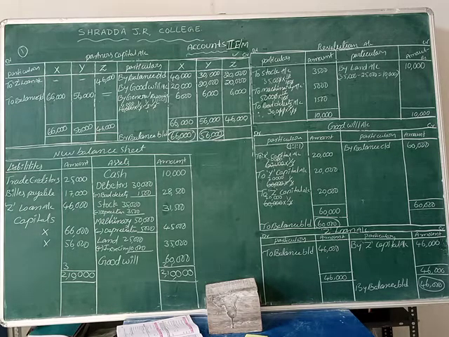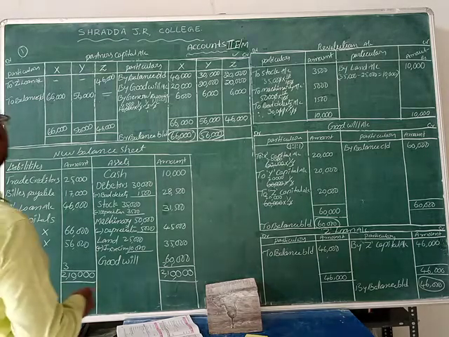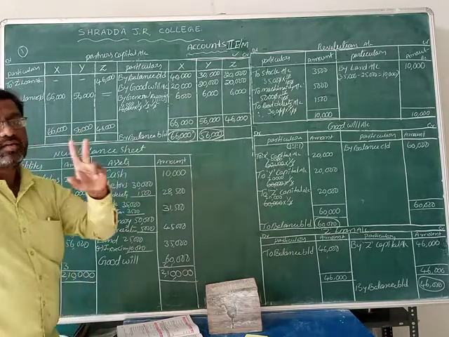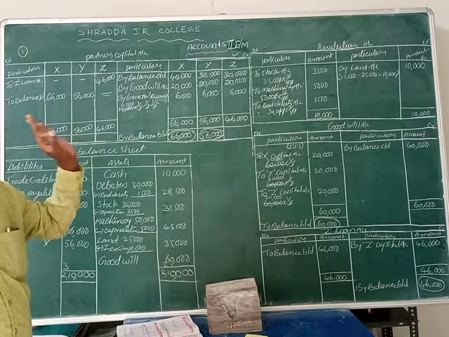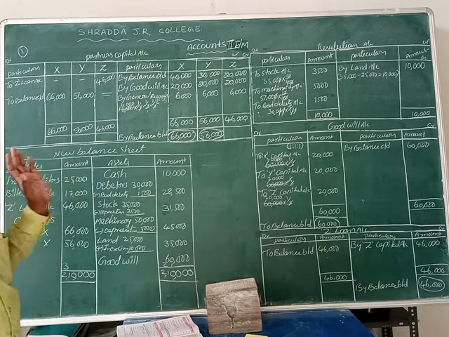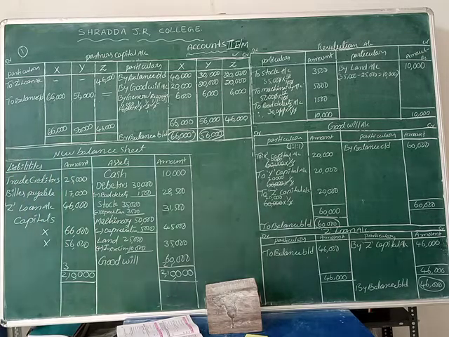Okay now. So tomorrow we will do the second problem of retirement of partner. Okay, just practice 1 or 2 times, students. You can understand this problem also. Okay now, friends. So this retirement of partner first problem is completed.